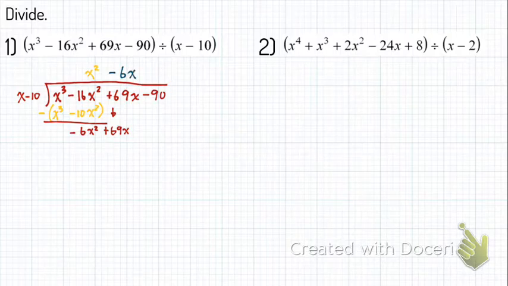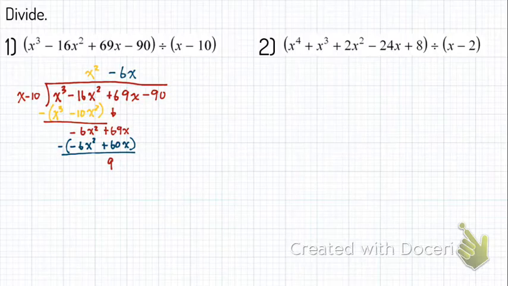I'll use a different color so you can see this whole step work out. So I'm going to take negative 6x now and multiply. What's negative 6x times x? Negative 6x squared. Then I do this again. What's negative 6 times negative 10? Positive 60x. Put parentheses around this whole bottom, put a subtraction sign, and then I subtract.